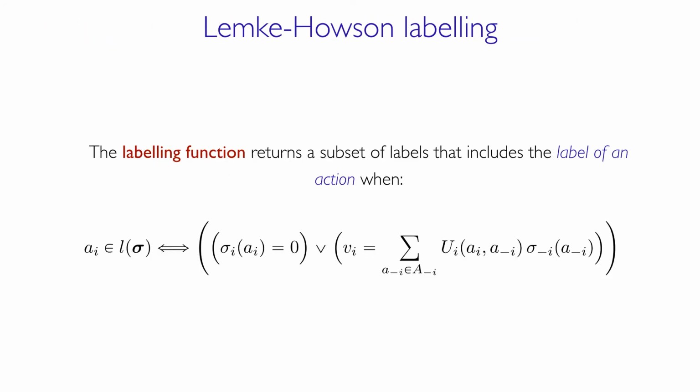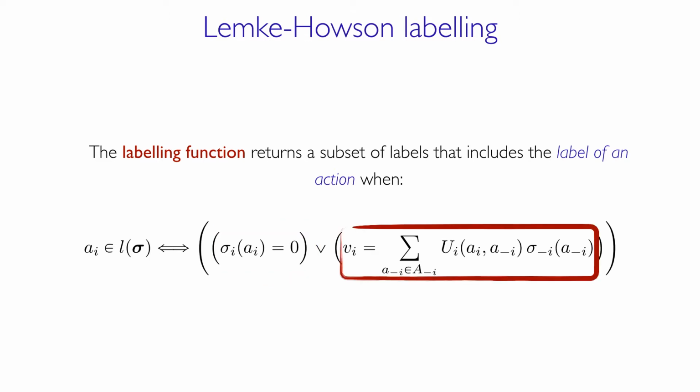This is the labeling function used by Lemke-Howson. Specifically, the label of an action is in the subset of labels returned by the labeling function if and only if either the probability with which such an action is played is 0, or the value the player gets by playing such an action is equal to Vi, that is, the value of the best response of the player.